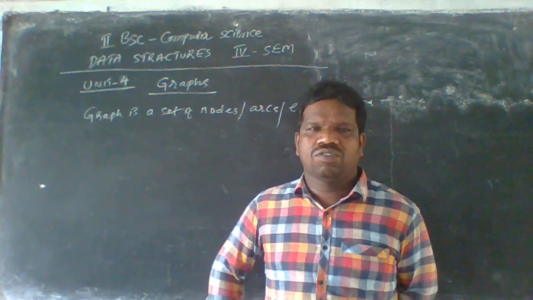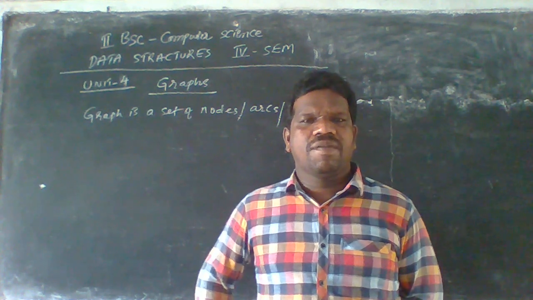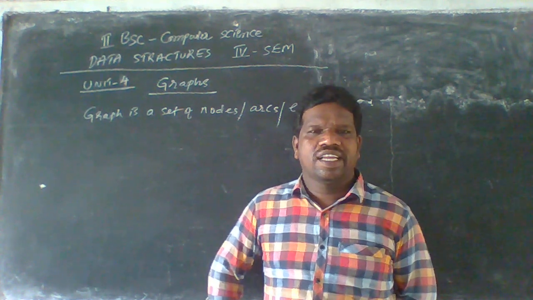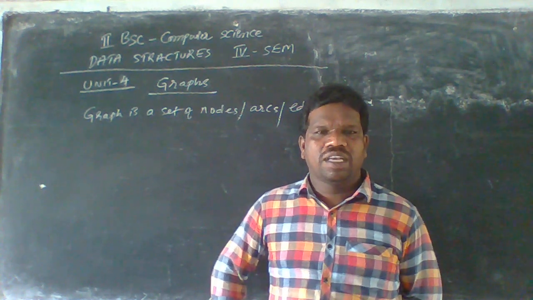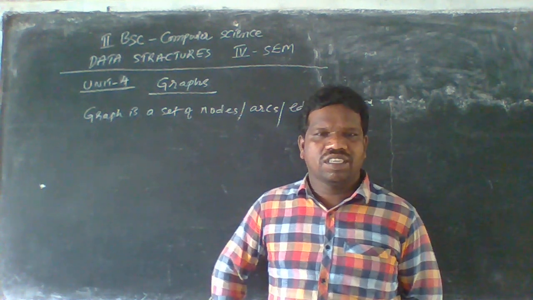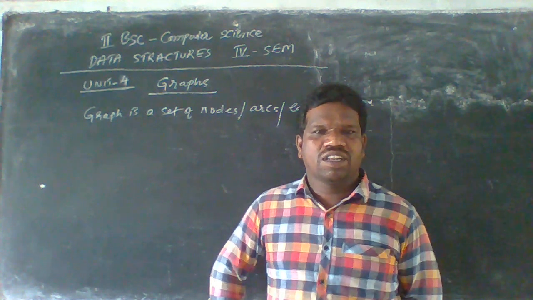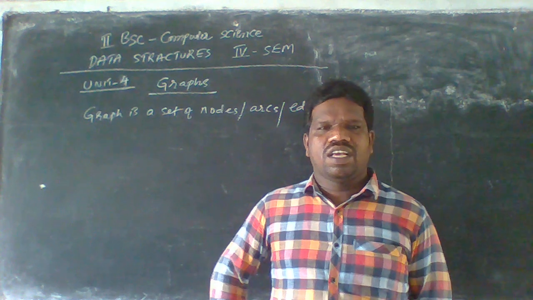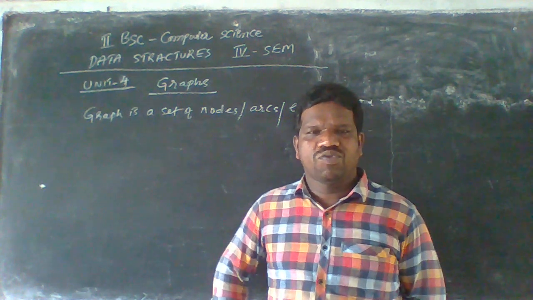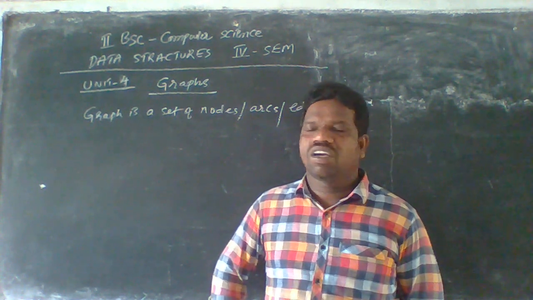Non-linear data structures are categorized into only two types: trees and graphs. In the previous class I discussed trees, and today I am going to talk about the fourth unit, graphs.